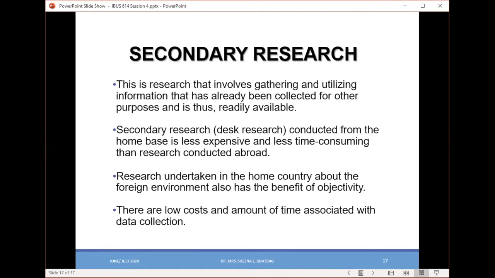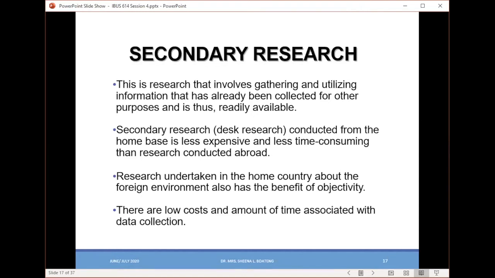However, with secondary research, you can do it from anywhere you are. Most of the time, the information has already been collected for you. In fact, all of the time, secondary research is readily available, depending on the problem you're dealing with. So it is less expensive and less time-consuming to come by this kind of data, right?